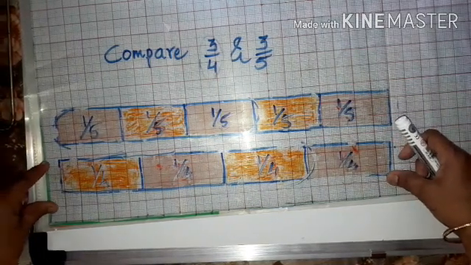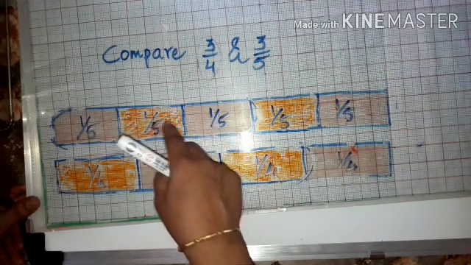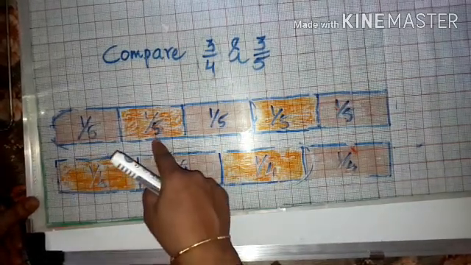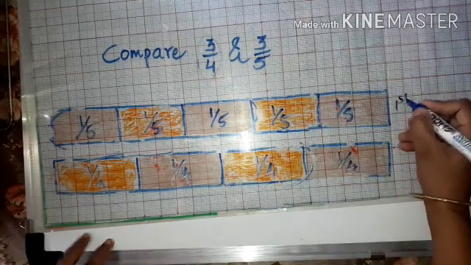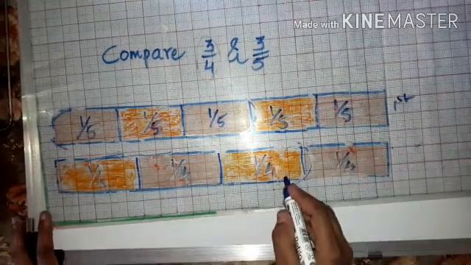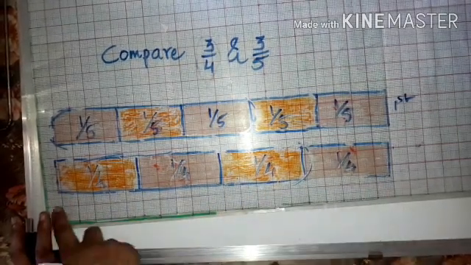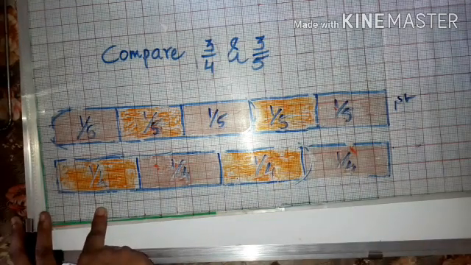The first strip is divided into 5 equal parts, that is, each part represents 1/5, and the second strip is divided into 4 equal parts, each part is 1/4.